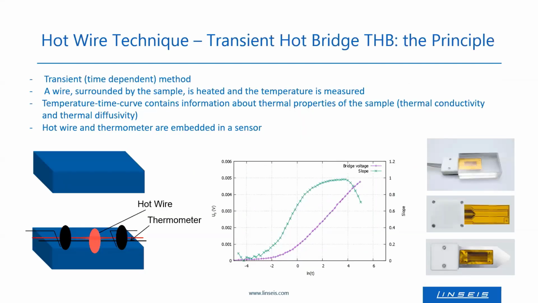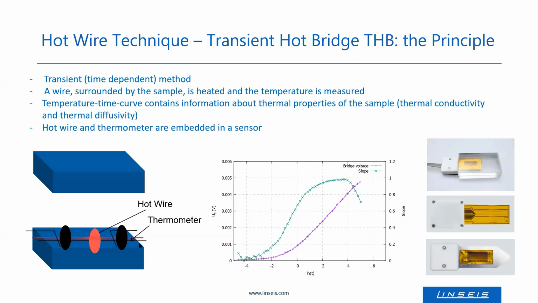The second transient method I want to show is a hot wire technique. We realized this technique in our transient hot bridge, called THB. So as the name says, you have a wire which is heated.